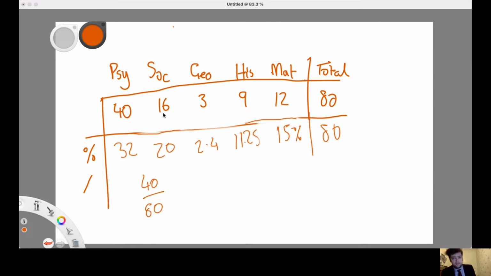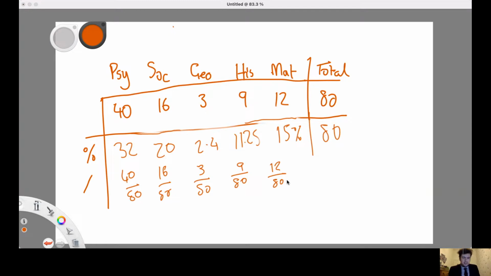So here, when we're doing 16 divided by 80, we're just writing the same. So let me fill these in. So we've got 40 divided by 80, 60 divided by 80, 3 divided by 80, 9 divided by 80, and 12 divided by 80.